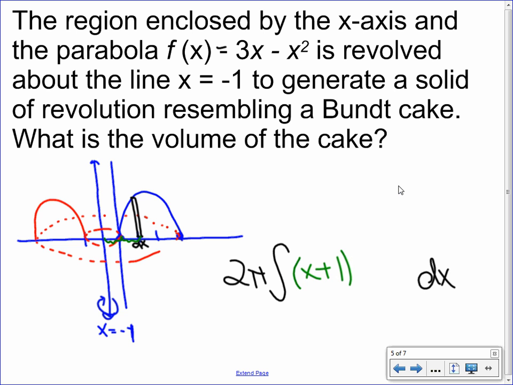This distance is x minus -1, or this distance is x, and we have an additional 1 unit to get to that axis of rotation. Alright? What is the height of each of those rectangles?